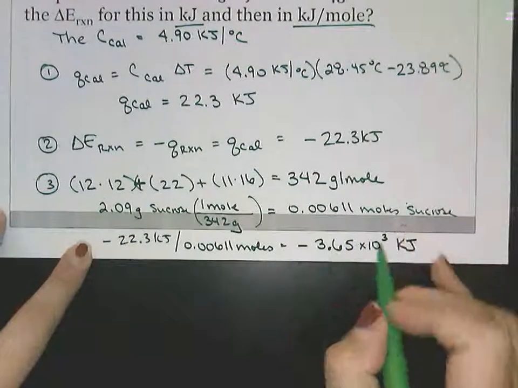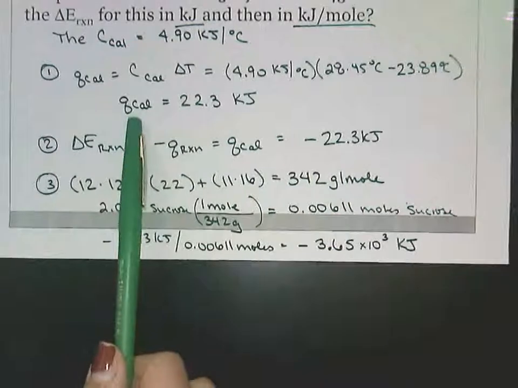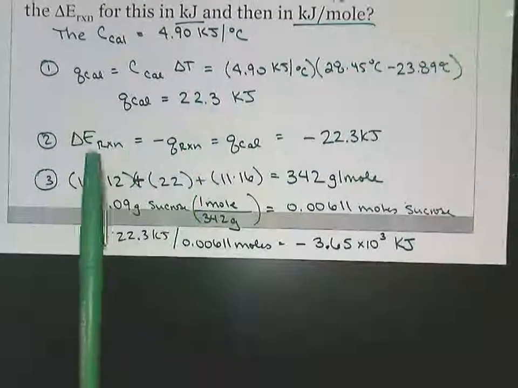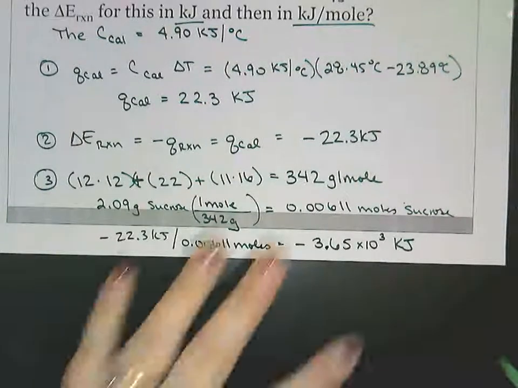Why is kilojoules negative? Because it's the opposite. If the calorimeter is positive, then the delta E has to be negative. Oh, yep, sorry. I started answering a question before I finished writing it.